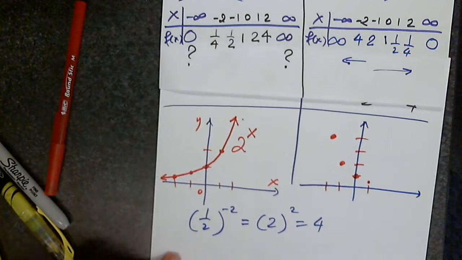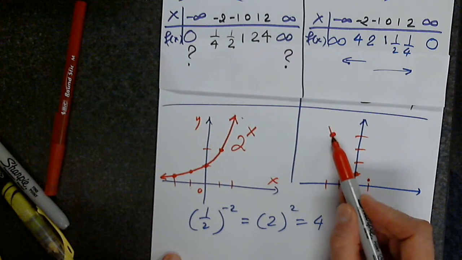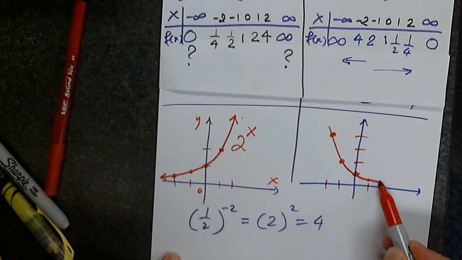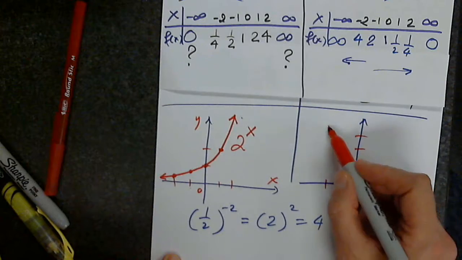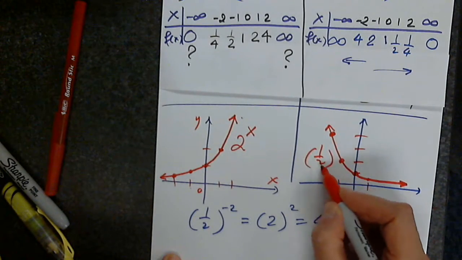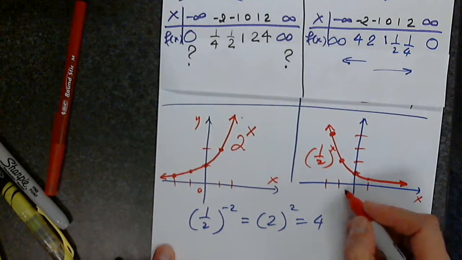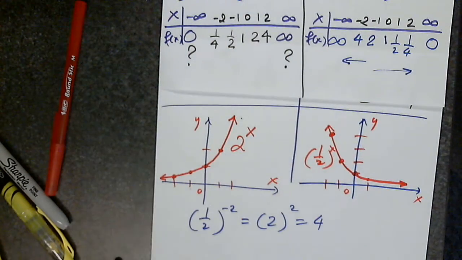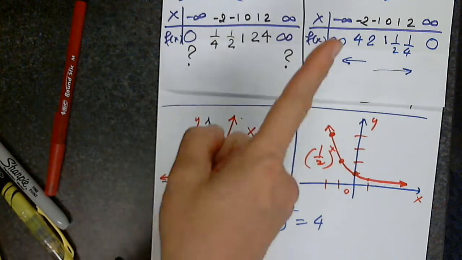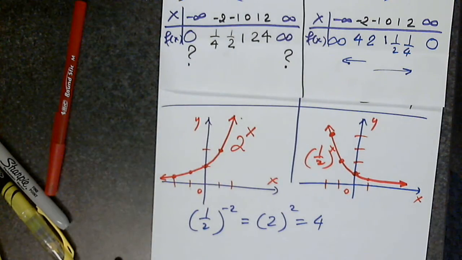And so on and so forth. This is the graph of 1/2 to the x. It's not the inverse. But I know what you mean. You mean not the inverse function, but reversed in the sense that it's not increasing on all its domain, but it's decreasing on all its domain.